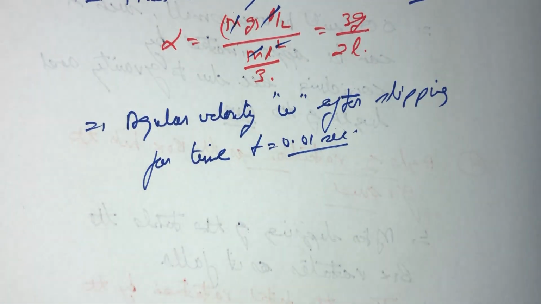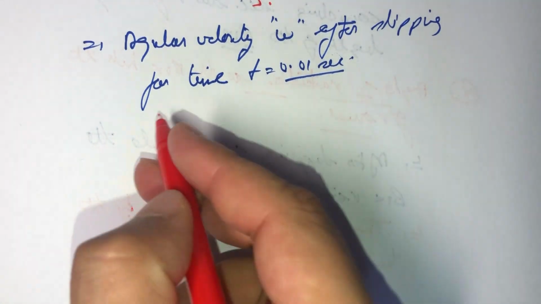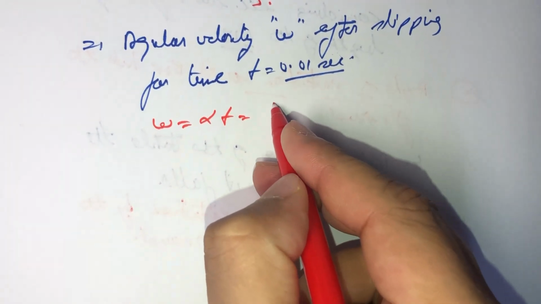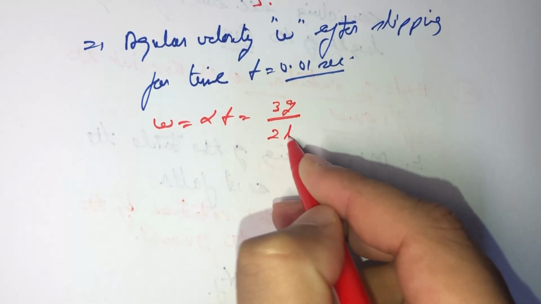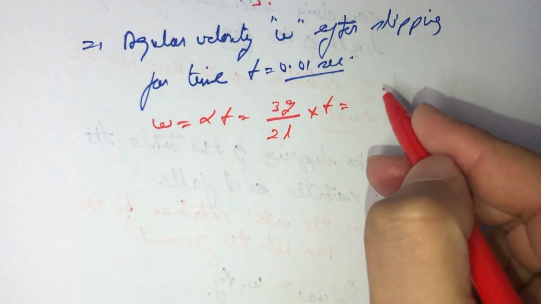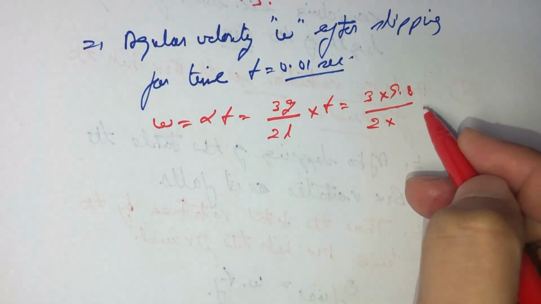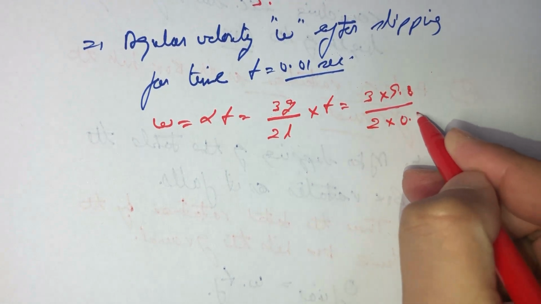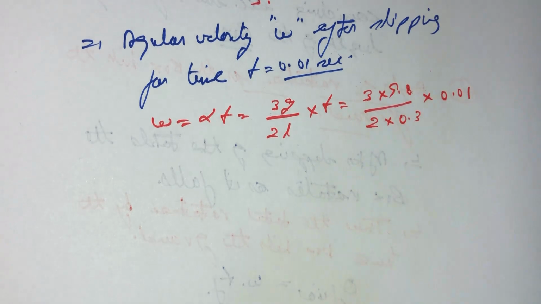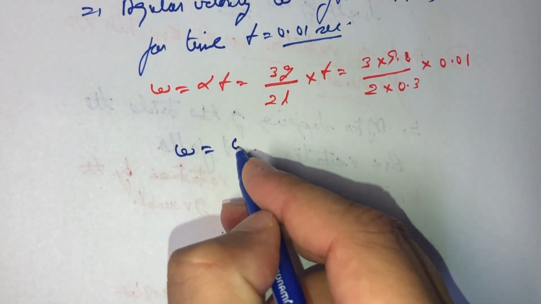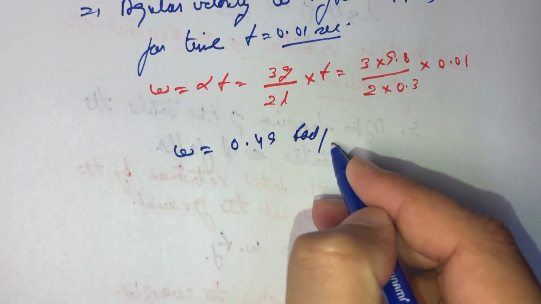So we get omega is equal to alpha t. Alpha is our 3g divided by 2L multiplied by t, and we get 3 into 9.8 divided by 2. Length is given as 0.3 and this is 0.01. So we get omega is equal to 0.49 radian per second.